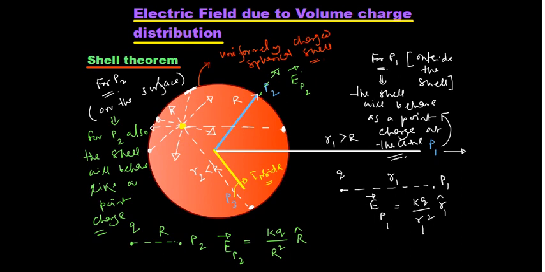That I have to write here a very important point, that for any point inside the shell, electric field is equal to 0. And that's a very, very important point. You should not forget this.